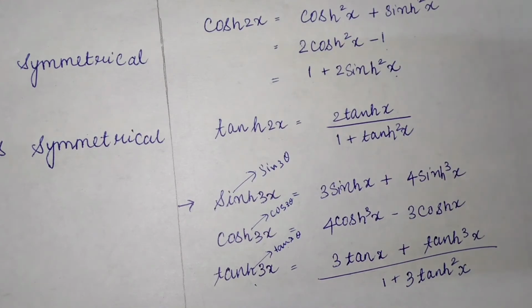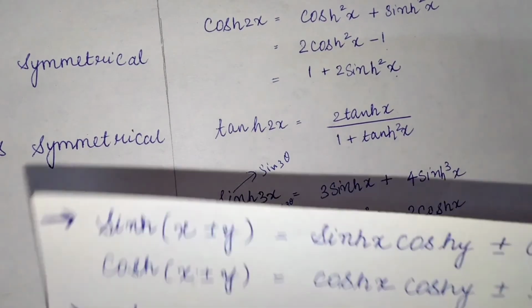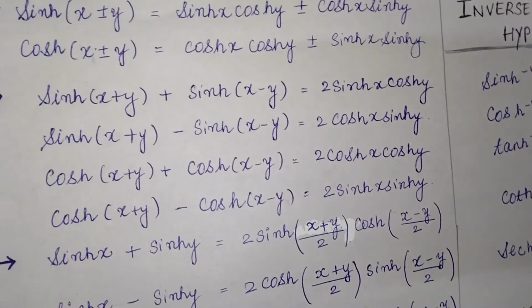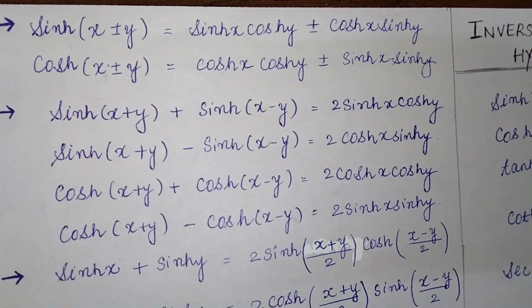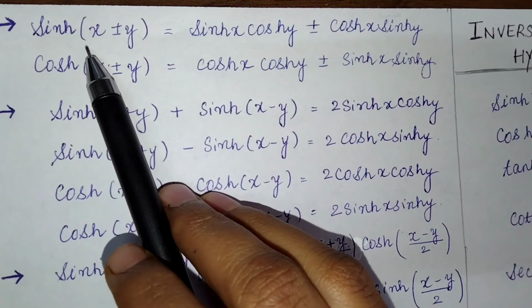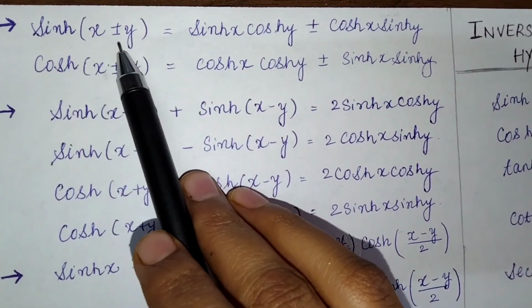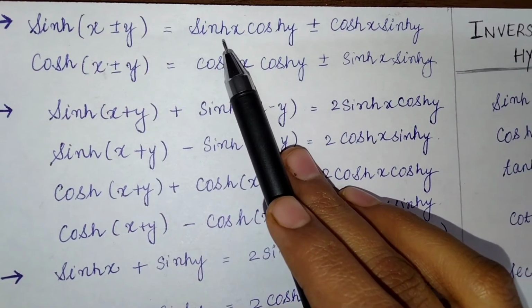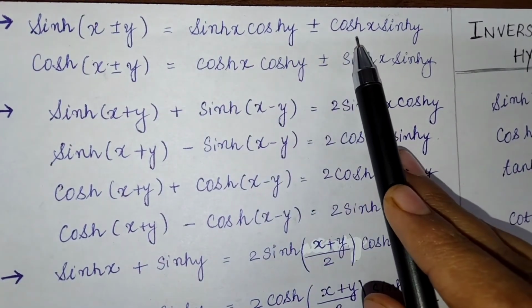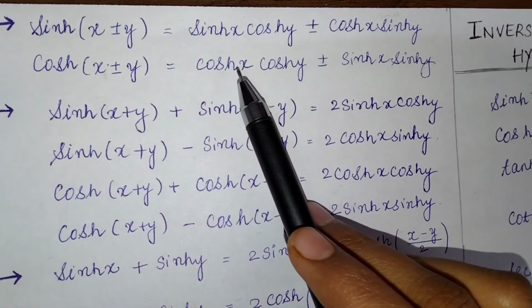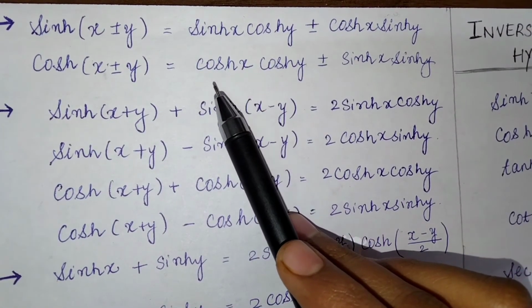There are some more formulas. Sin h of x plus or minus y, that is sin of a plus or minus b. We already know this formula, that is sin a into cos b plus cos a into sin b. Here again it is a hyperbolic function, so only the form changes.